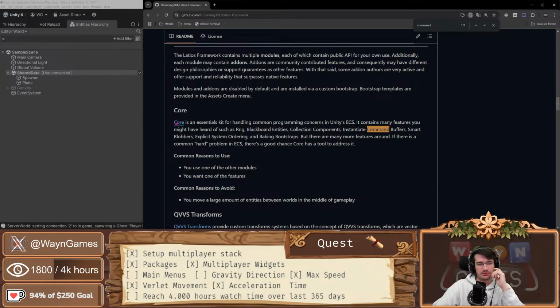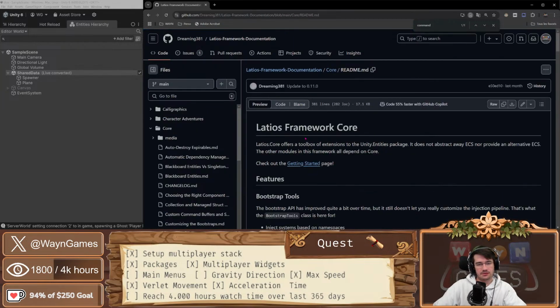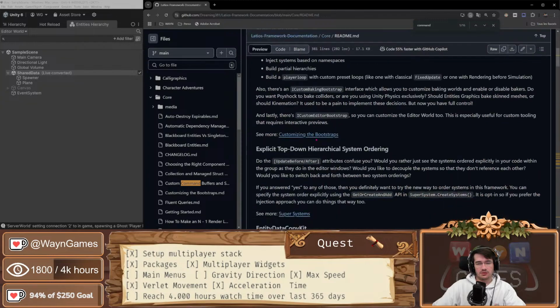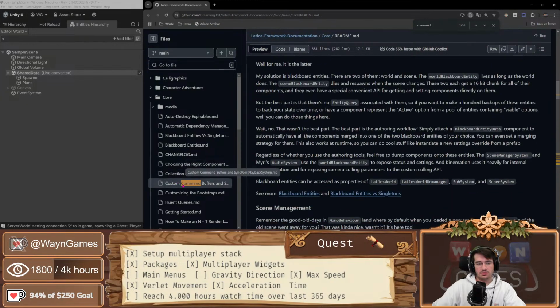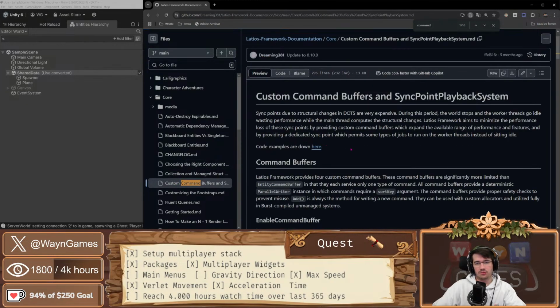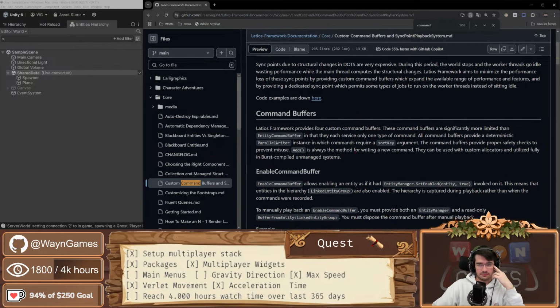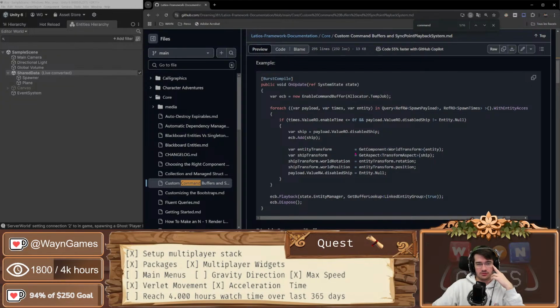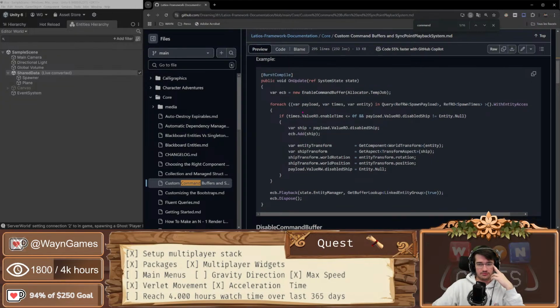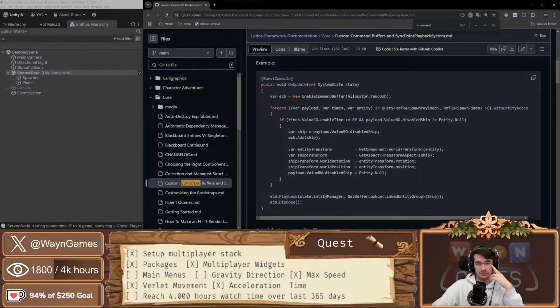So yeah, in this one, custom command buffers. So he has his own command buffers, so you have full control over how the command is played back, and you can do all the checks you want and so on.